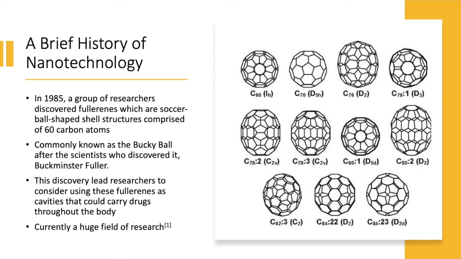all sorts of different fullerenes. You can see on the top left there's carbon 60, which is the buckyball shape, and then they increase from there.